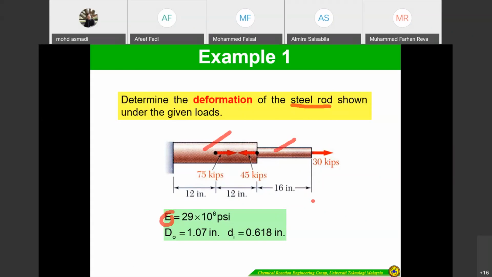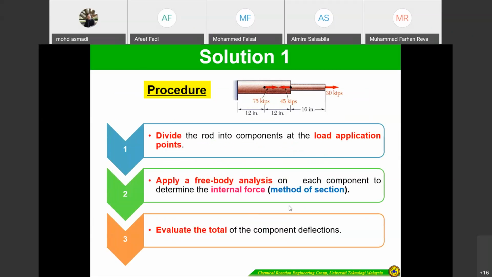For the procedure, what you have to do is divide the load into components at the load application points. For example, you have to do a cross section at this part first, and then cut this part, and then cut this part: small, big, and bigger. Apply a free body analysis on each component to determine the internal force, method of section, and then you have to evaluate the total component deflection.